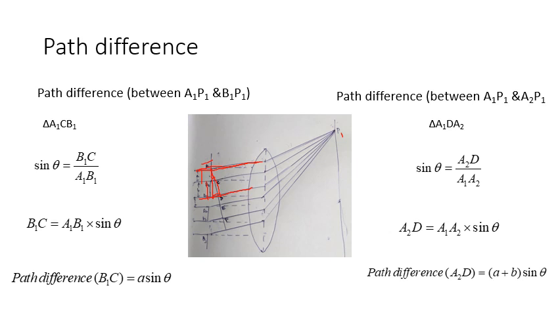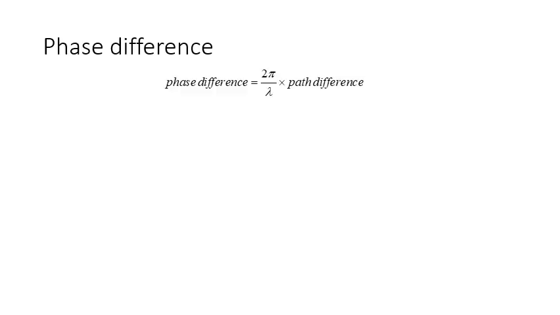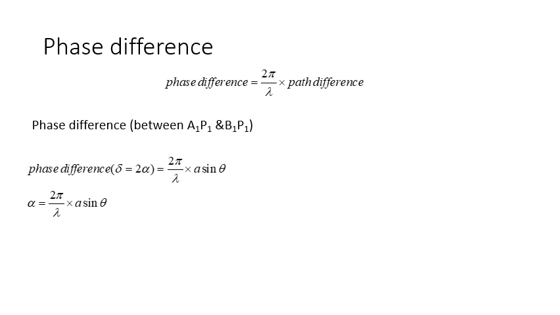Now if you know the path difference, you can immediately calculate the phase difference by applying this relation: phase difference equals 2 pi by lambda times the path difference. So the phase difference between the ray A1P1 and B1P1 can be written as delta equal to 2 pi by lambda into the path difference between these two beams, which is nothing but a into sine theta.